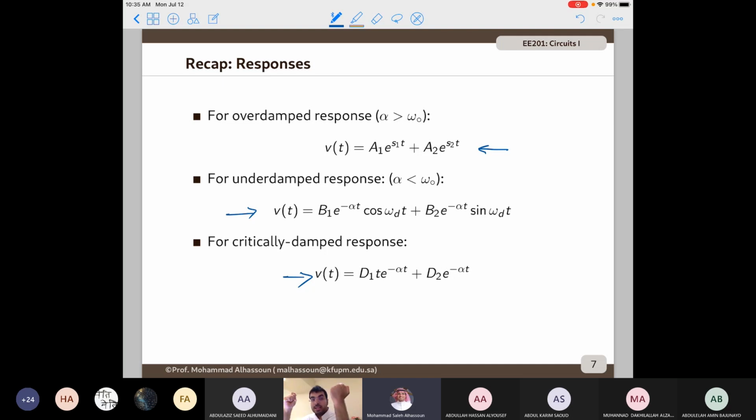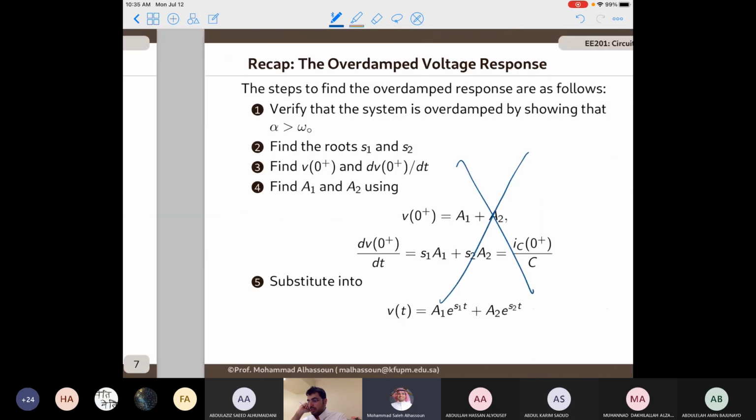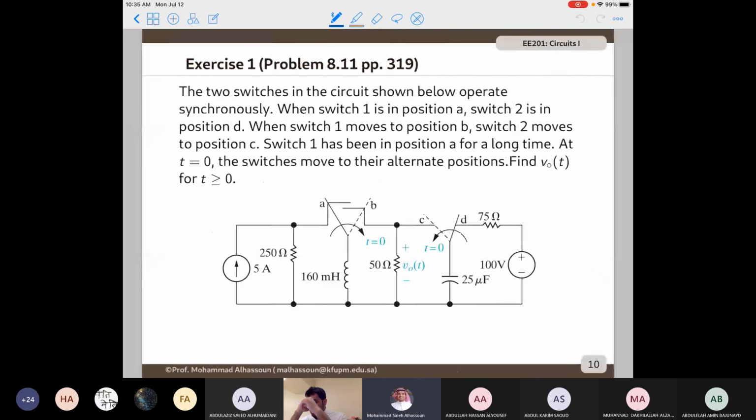This is usually the case. In all problems, it's less likely that you will be told this is overdamped, or critically damped, or underdamped. But you will be given a circuit with certain parameters, and from that you can deduce what type of response you have. So let's see what we have in here.